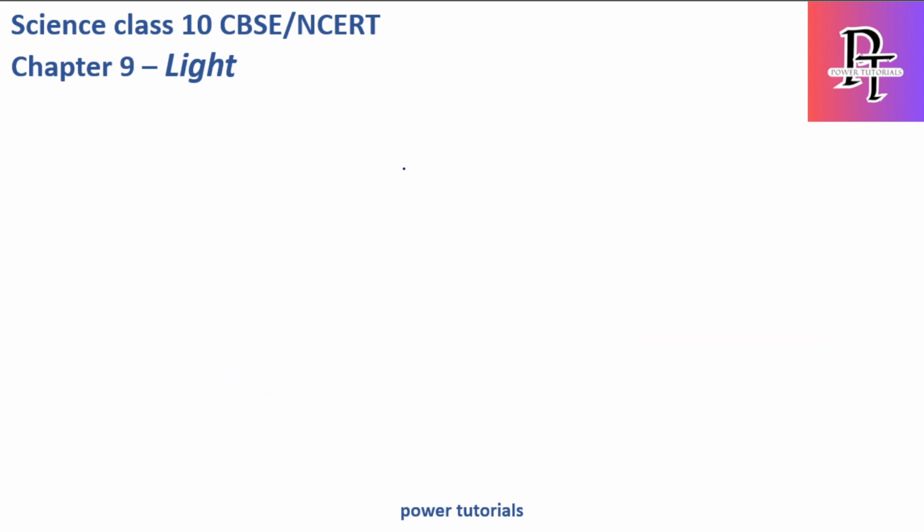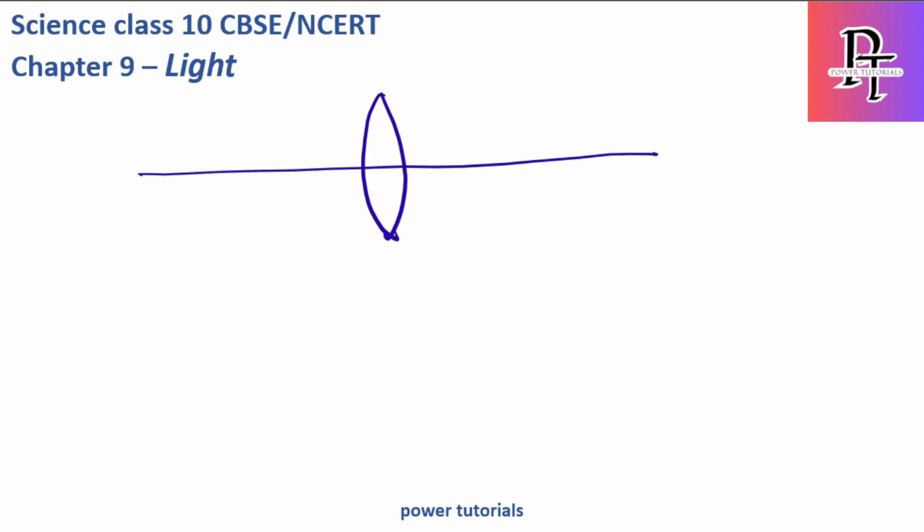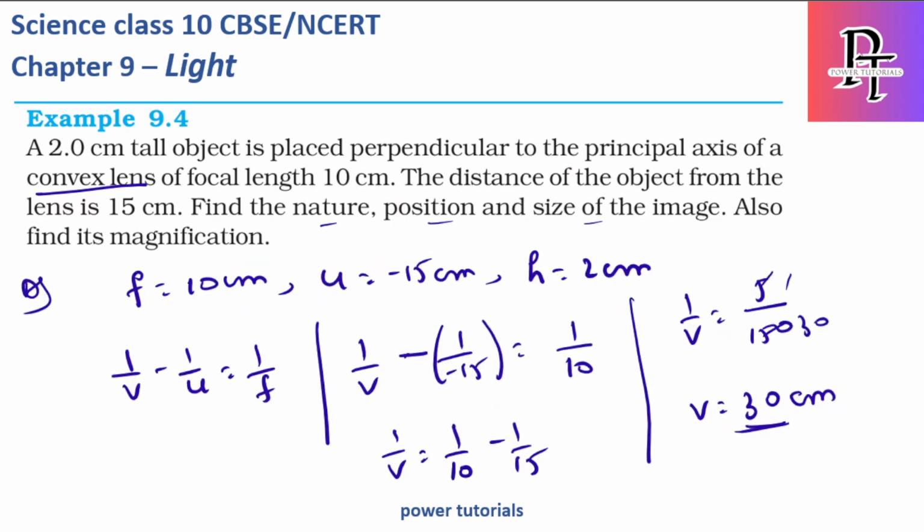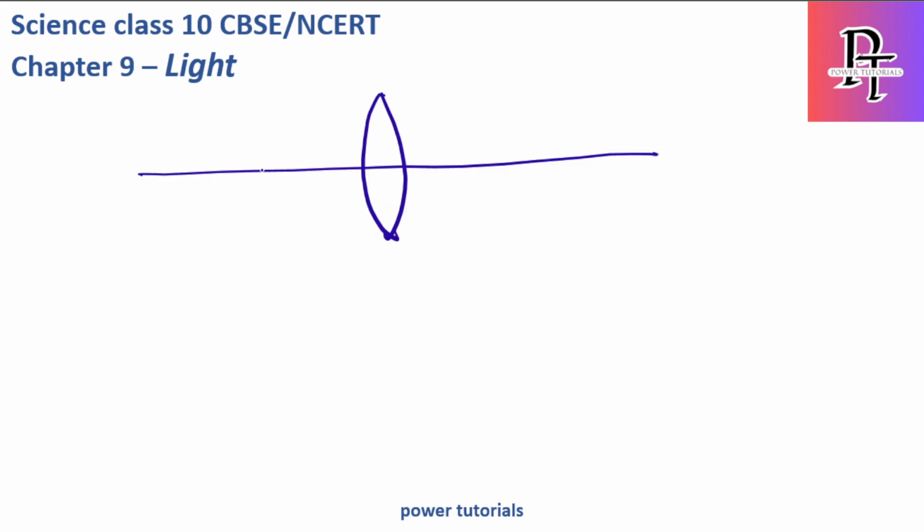Okay, I will also draw the diagram for the convex lens. What is the focal length? Focus is 10 centimeters. So this is focus, 10 centimeters. We have f1, 2f1, and 2f2. That's how much? 10.